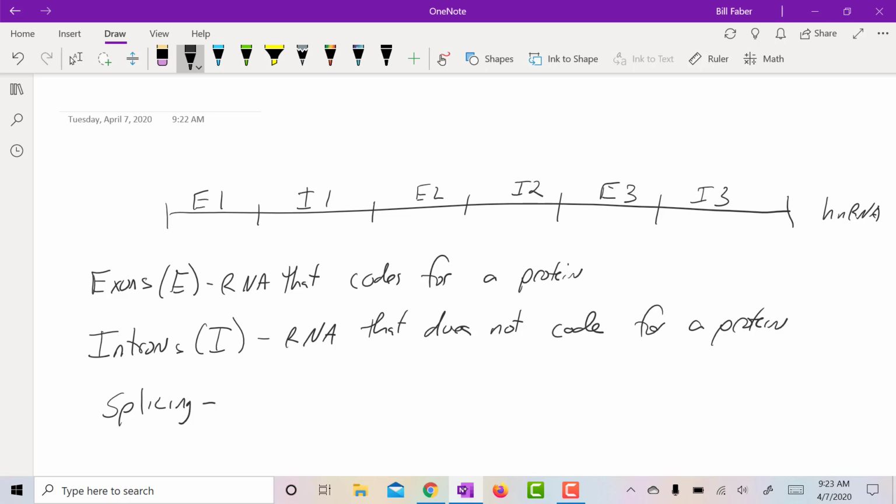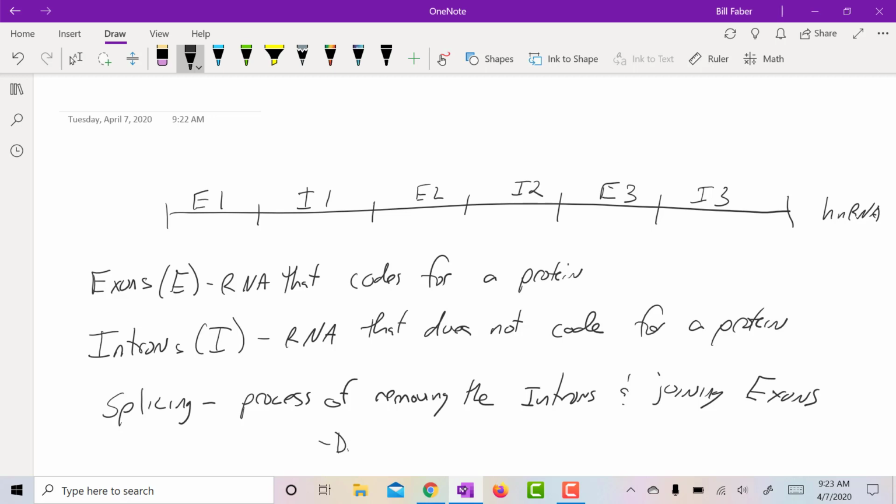Splicing is a process of removing the introns and joining exons. What's interesting about this, and I mentioned this earlier, is that it is done by those SNRPs.